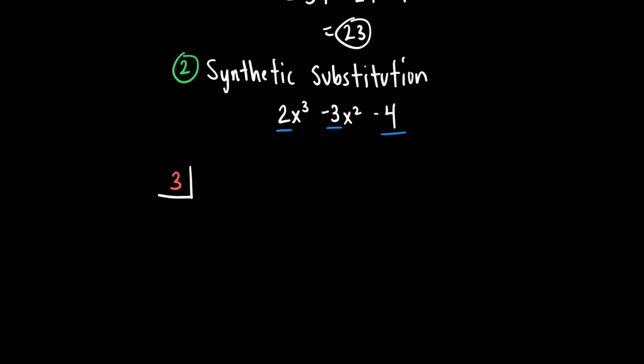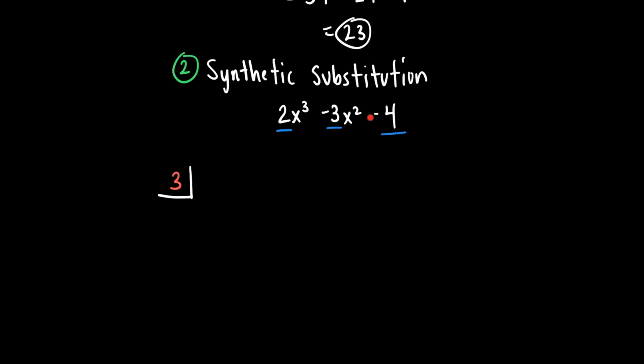Something that's really important, and I hope the fact that you're still watching gives me hope, because if you stopped watching the last one, you're going to make some very bad mistakes: the coefficients, you have to write them in descending order, and you have to include every single variable with its exponents. So we have 2x cubed minus 3x squared.